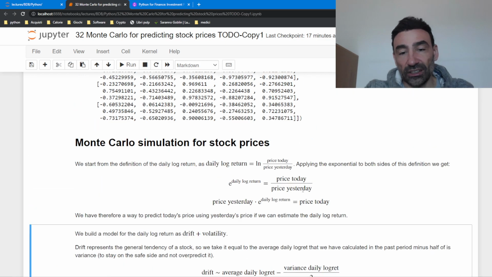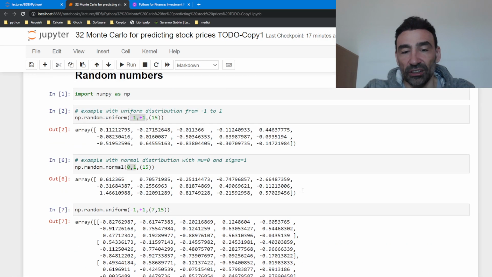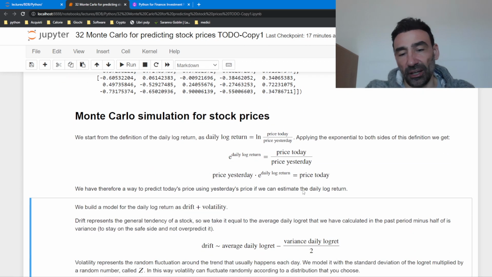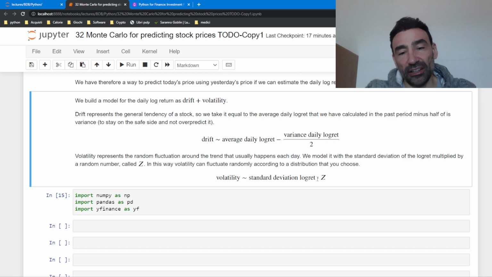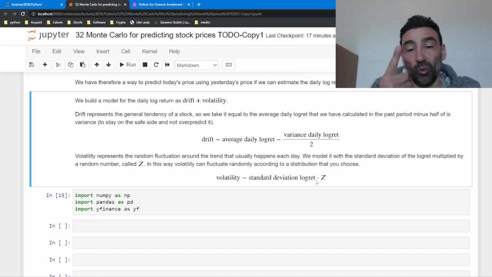I will start now slowly to build a forecast for the price of, let's say, tomorrow. Okay, and then I will set up a tool to forecast the price of tomorrow, the next, 2 days after, 3 days, 4 days, 5 days, up to 200 days. Since if I forecast only one price, well, it strongly depends on the value that you get from here, and it can be anything.